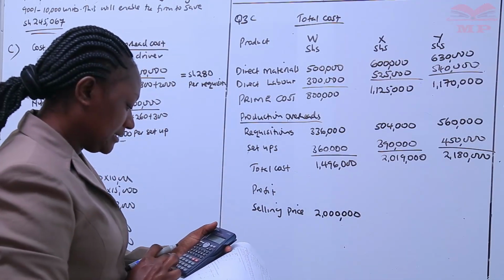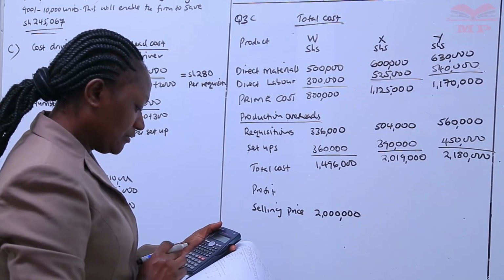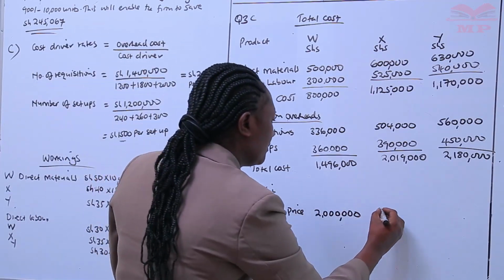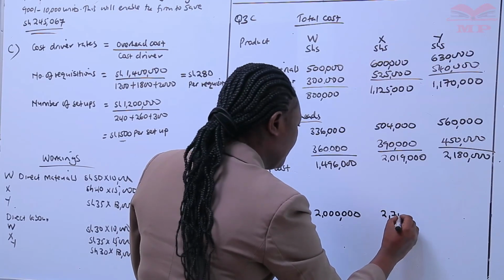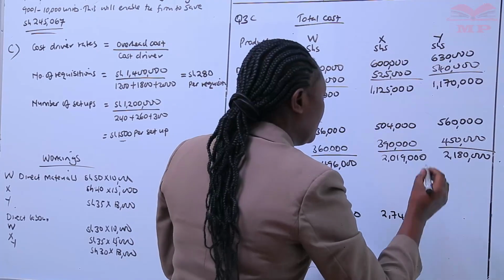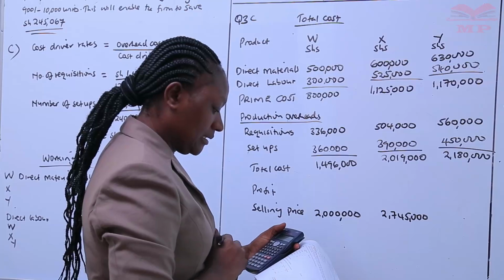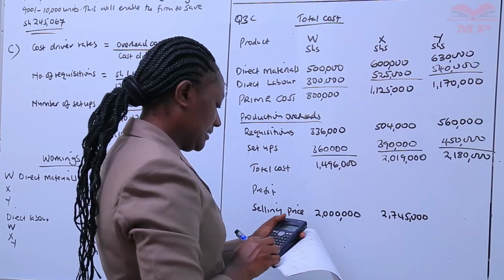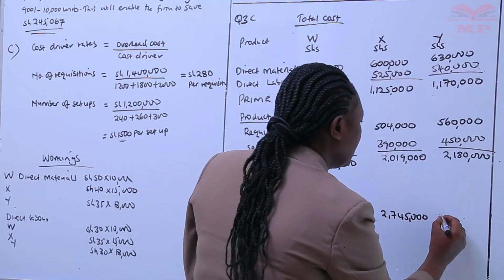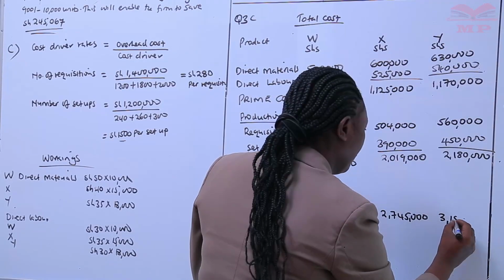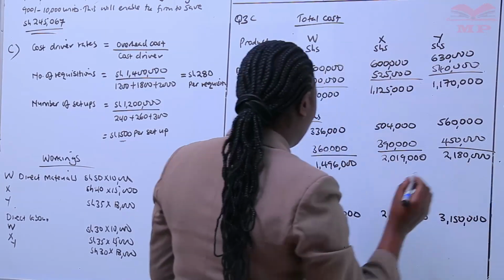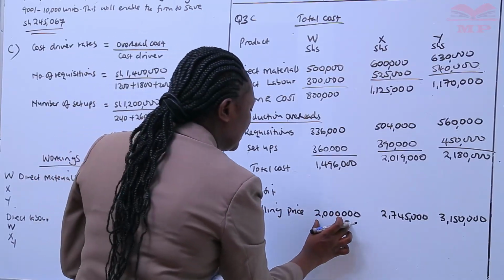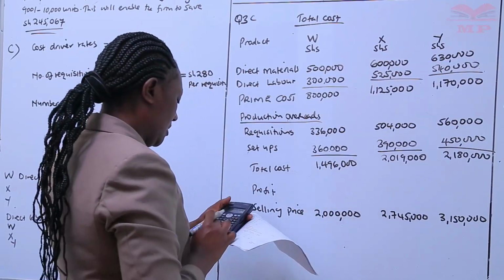And for X, the selling price is 183 times 15,000, which is 2,745,000. For Y, selling price is 175 times 18,000, and this will be 3,150,000. So from there, we can calculate the profit. Profit is now the selling price minus the total cost.